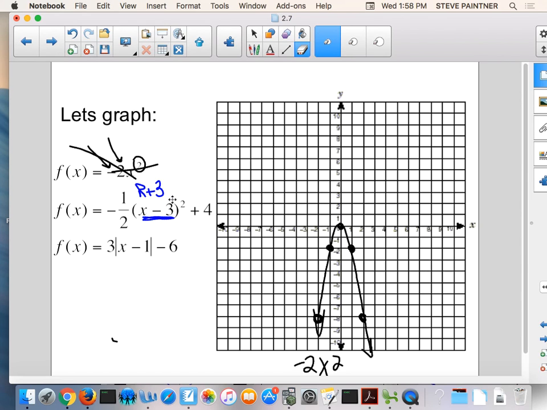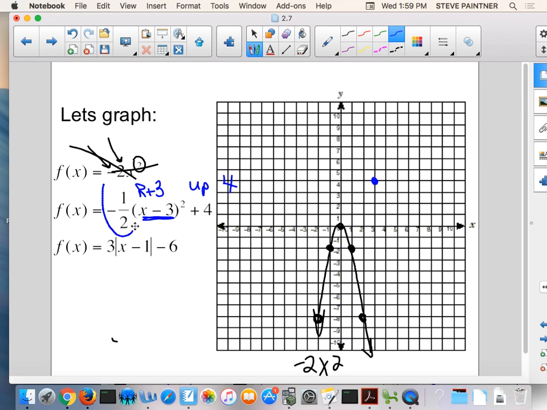What's this +4 in the back? Up 4. So now that you know it's right 3, up 4, that's your vertex. That's where you start. Now the parent actually starts to get formed.